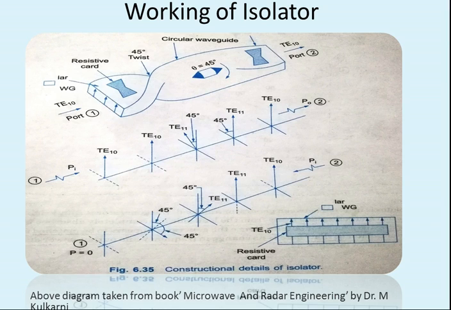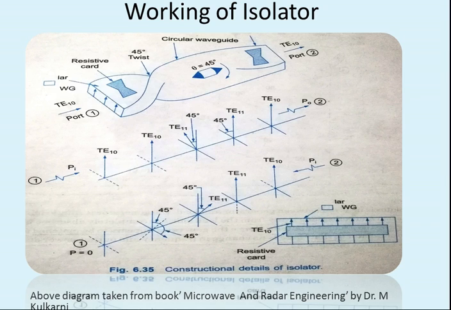Let us see the working of the isolator. As you can see, it is very similar to the gyrator, except that the isolator makes use of a 45-degree twisted rectangular waveguide instead of the 90-degree twist in the gyrator, and a 45-degree Faraday's rotation ferrite rod.